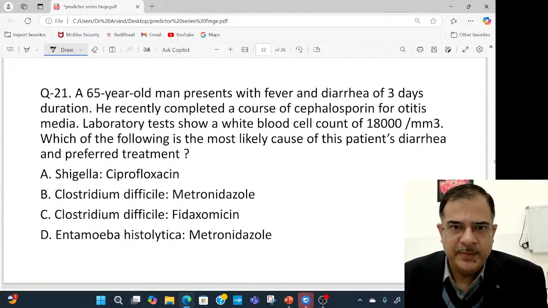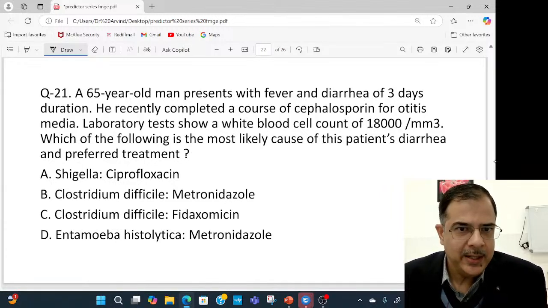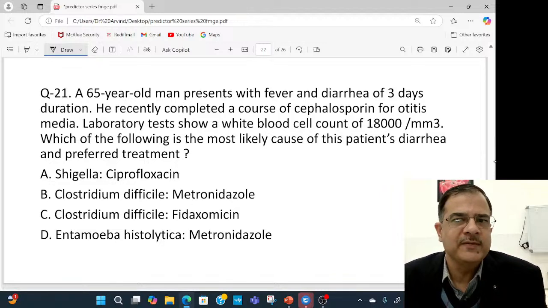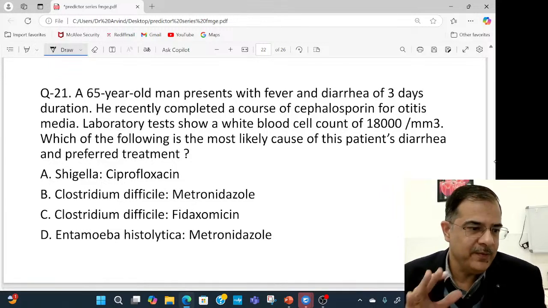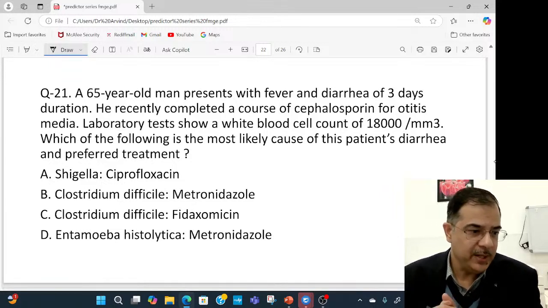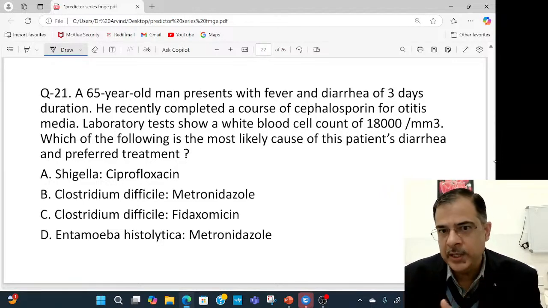Question number 21: the patient presents with fever and diarrhea of 3 days duration, has had a course of cephalosporin, and counts are 18,000. So what is the most likely cause in this patient and the preferred treatment? So the answer here will be, what do you think?